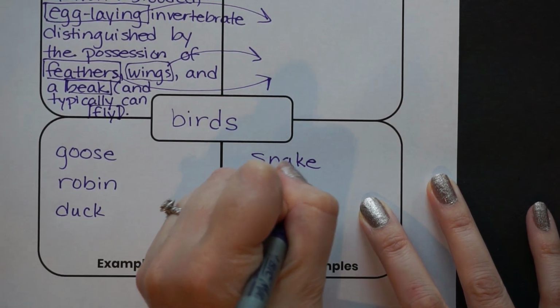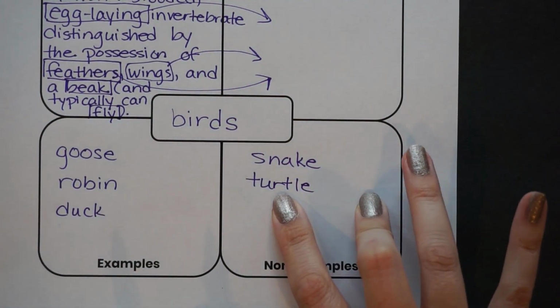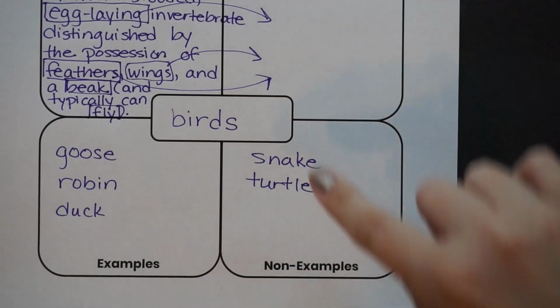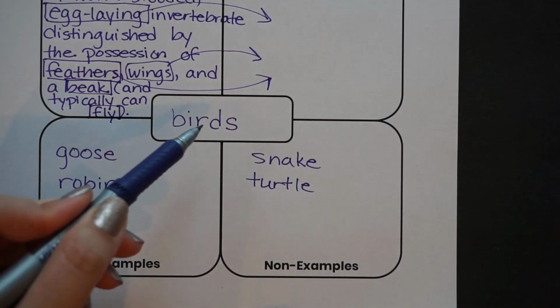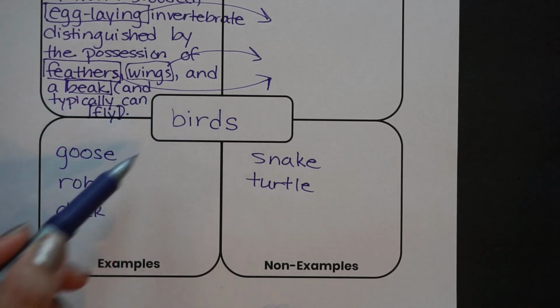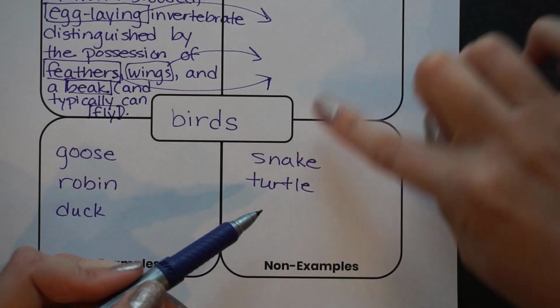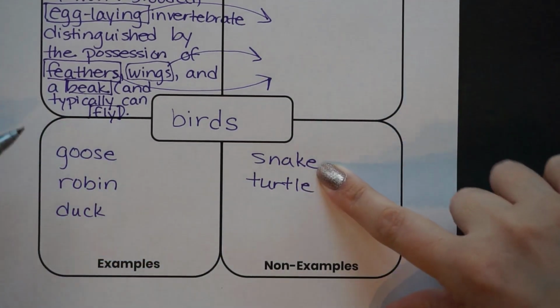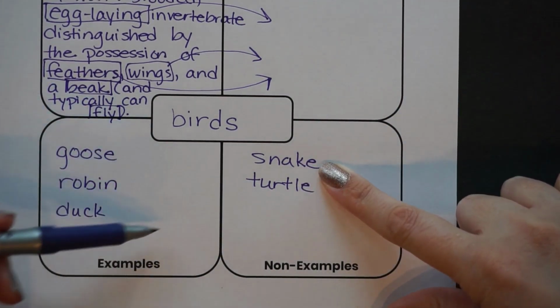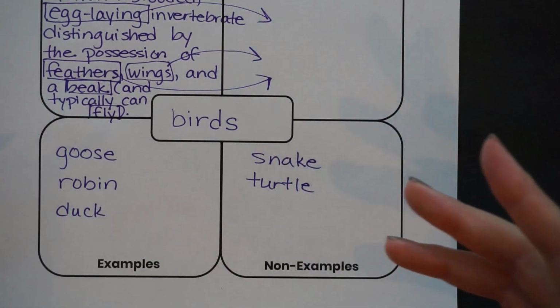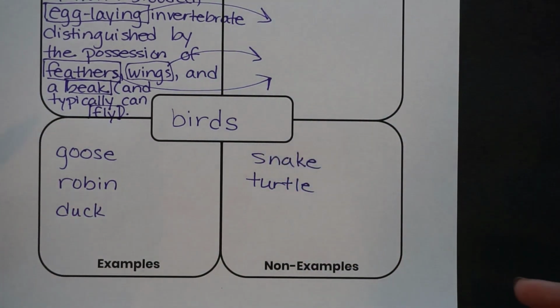So even though turtles lay eggs, a turtle is not a bird. So we're testing, yes, this is true about birds, or these are examples. These are not examples. So even though these might share some characteristics, we want to make sure that they really, really understand what an example of a bird is. And that's why this model is so great to help teach vocabulary.